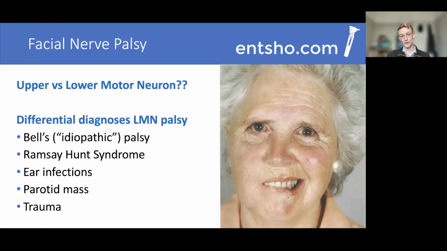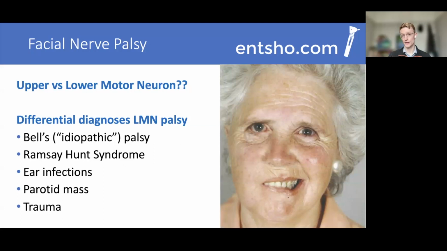Upper motor neuron lesions are typically forehead sparing, whereas lower motor neuron conditions involve the forehead. The differential diagnosis for a lower motor neuron palsy includes Bell's palsy or idiopathic palsy. However, to diagnose that, you have to have excluded other causes.